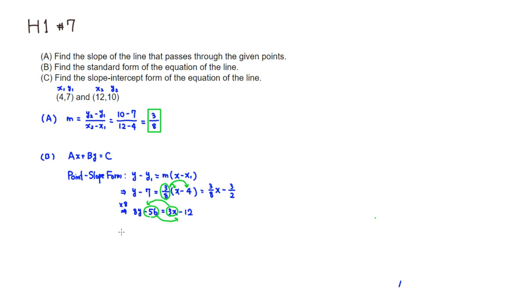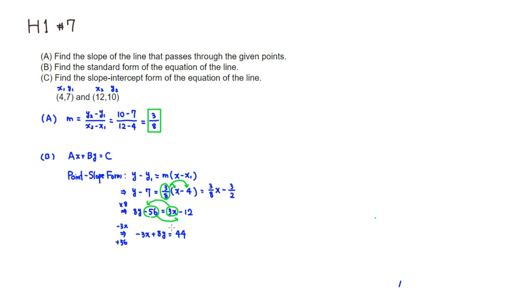So I'm going to subtract 3x and also add 56. So it's negative 3x, plus 8y stays. The 56 and negative 56 cancel out, and then you're adding 56 to 12, so you're going to have 44.